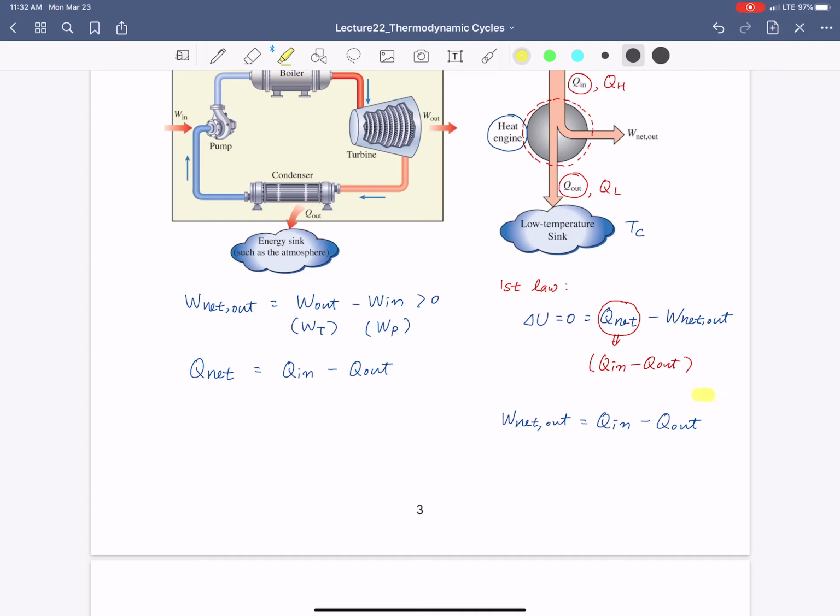That is a really important equation that you have to remember. And from this base equation, now we can calculate the power or work output. That is the first essential part of the performance.